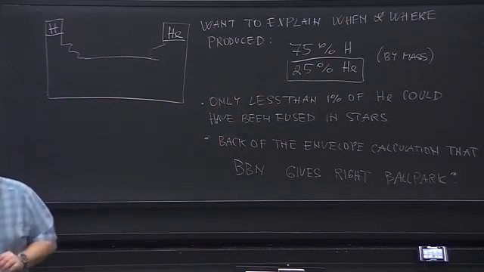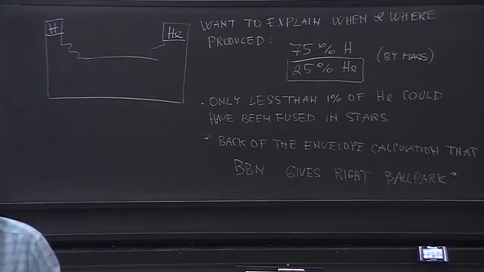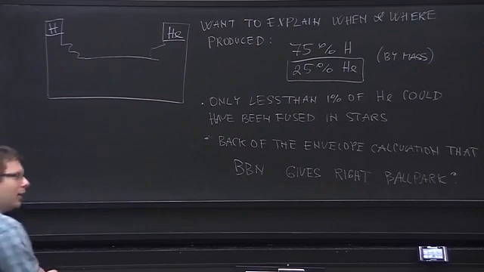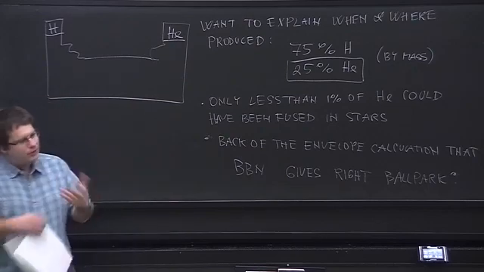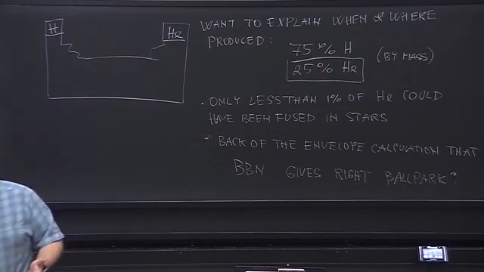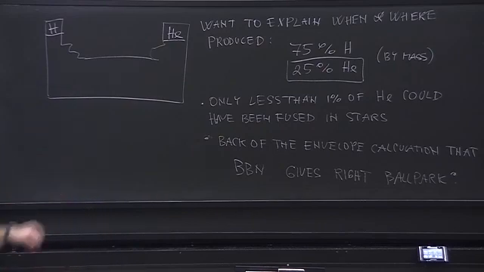Now what I showed you last time as well is this one-line calculation: there's this theory that you can fuse heavier elements, for example helium, in the center of the star. But the problem is that this releases quite a lot of energy. If you were to fuse 25% of helium in stars, your sky would be very, very bright.